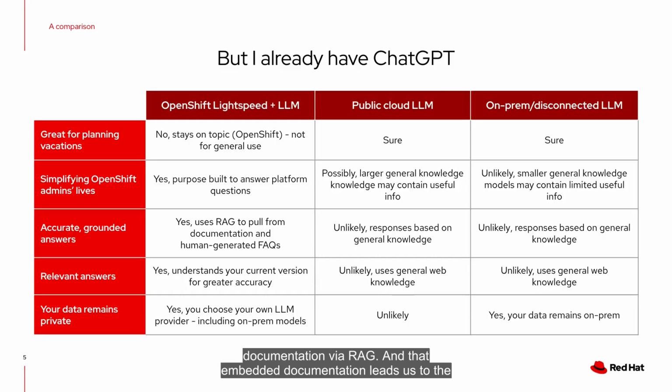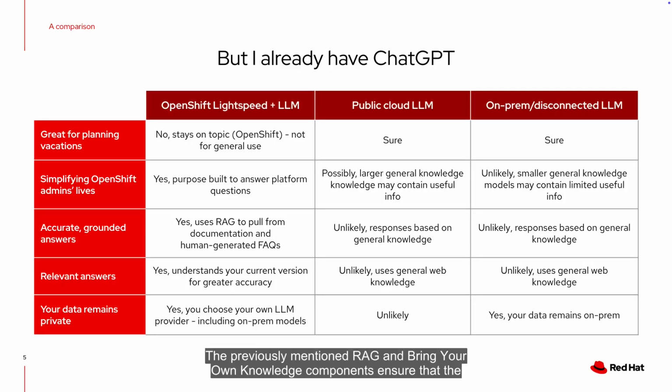And that embedded documentation leads us to the next point, accurate answers. The RAG component in OpenShift Lightspeed ensures accurate and grounded OpenShift answers, compared to the general responses that public LLMs provide. Also, OpenShift Lightspeed allows us to expand that knowledge with specific documentation and internal procedures thanks to the Bring Your Own Knowledge feature.